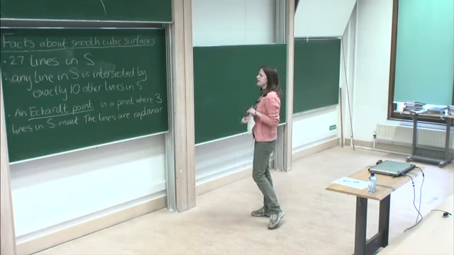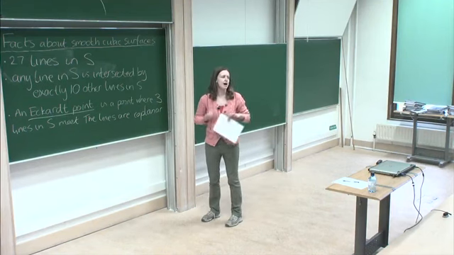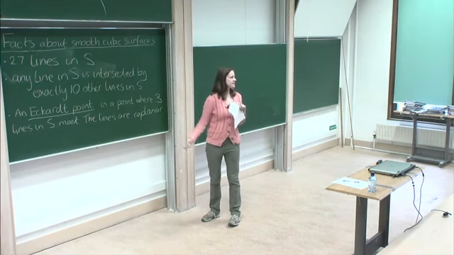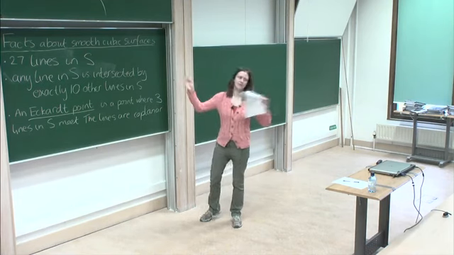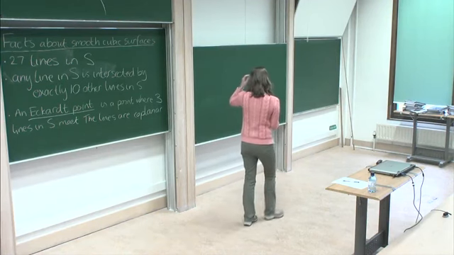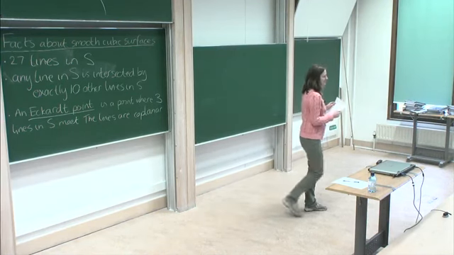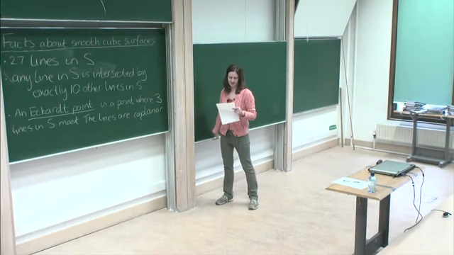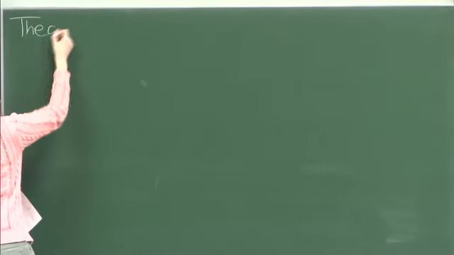Basically, we're interested in how many points you need to start off with, by iterating this secant and tangent process, to get everything on your surface. I said in my abstract that I'd give a partial answer to this question, and here it is, a theorem by my supervisor.